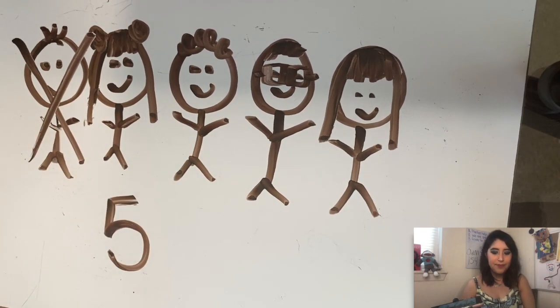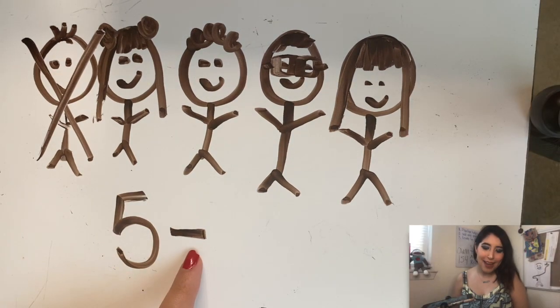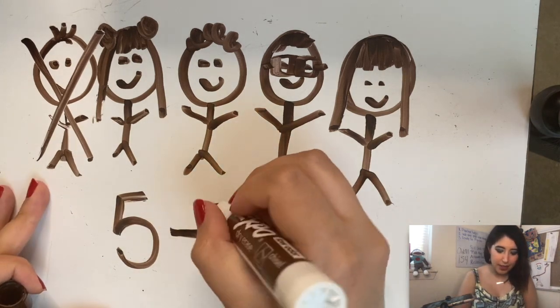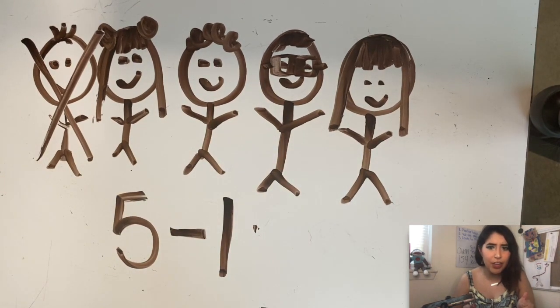5. And what symbol do we use when we're taking away? So 5 minus how many kids left? 1. So 5 minus 1, and what is the symbol we should never forget?